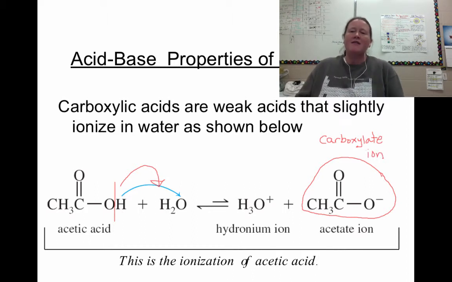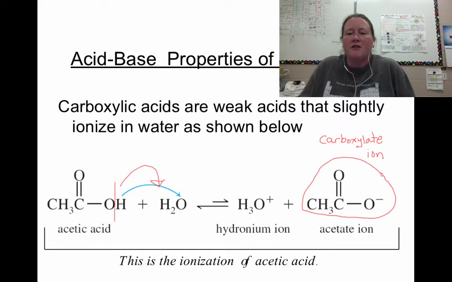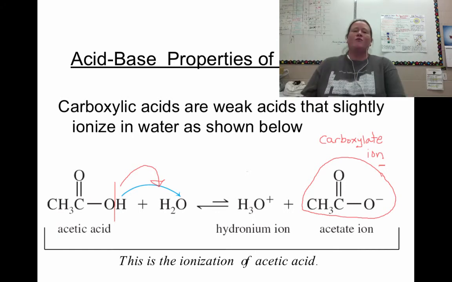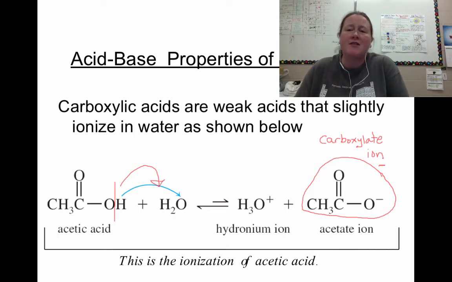And a carboxylate ion has a negative charge, so this whole massive thing has a negative charge, and it can often bond with substances like sodium or potassium and produce what's called a carboxylate salt.